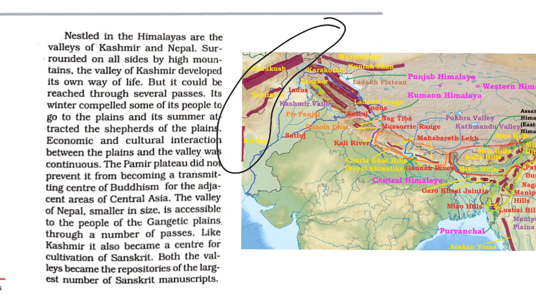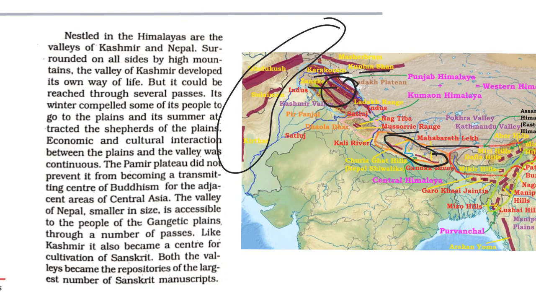Coming to the next thing, within the Himalayas we can see two valleys. One is the Kashmir valley that we can see here, and the other is the Nepal valley that we see here, right. These two valleys are surrounded by different mountain ranges, but yet these valleys could be reached through different passes.